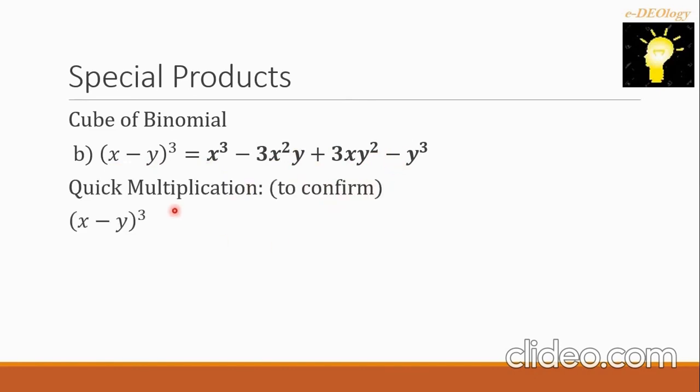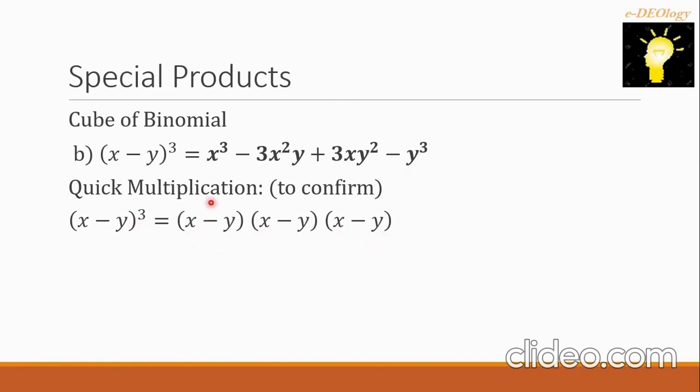So now we're going to have a quick multiplication to confirm the special product here. So I'm going to write the x minus y down here, raised to 3. So by our long multiplication in the power of exponent, I'm going to write x minus y times x minus y times x minus y.